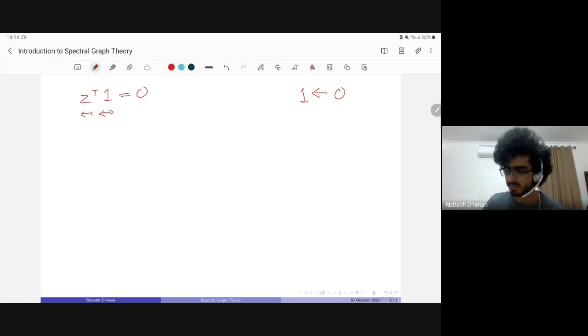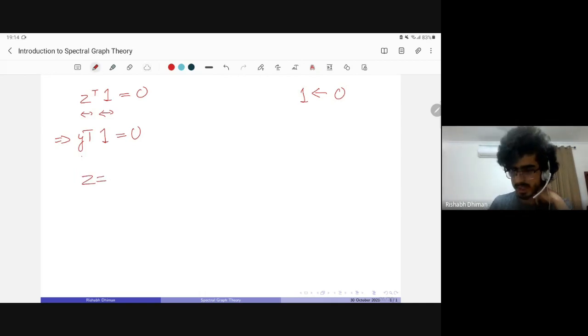So this is 0, which implies that this will actually be 0 as well, mainly because what you're doing is just appending some zeros to Z, and whatever value you multiply by 0, you just get a 0, and this sum doesn't change.